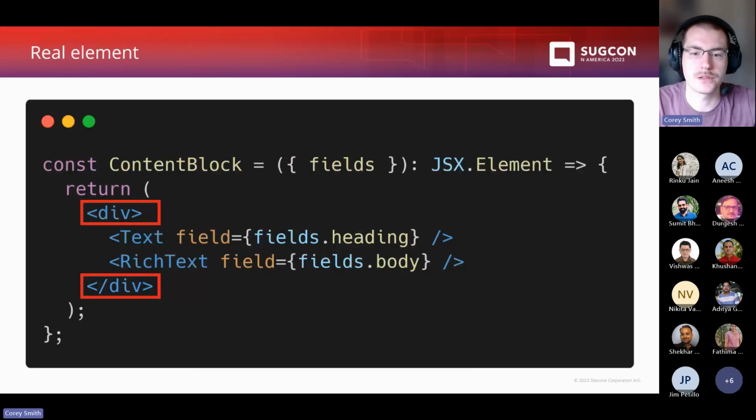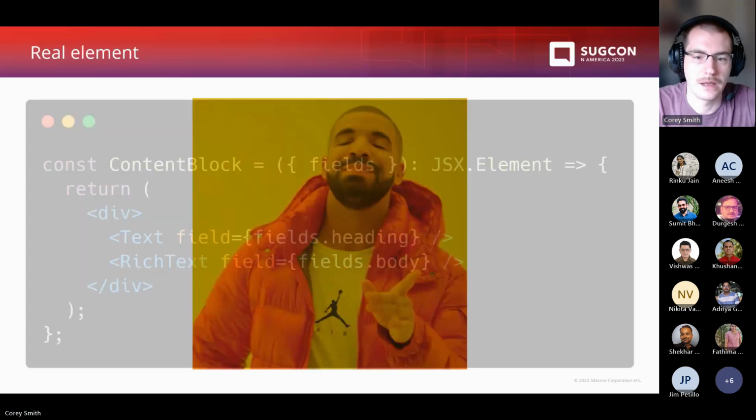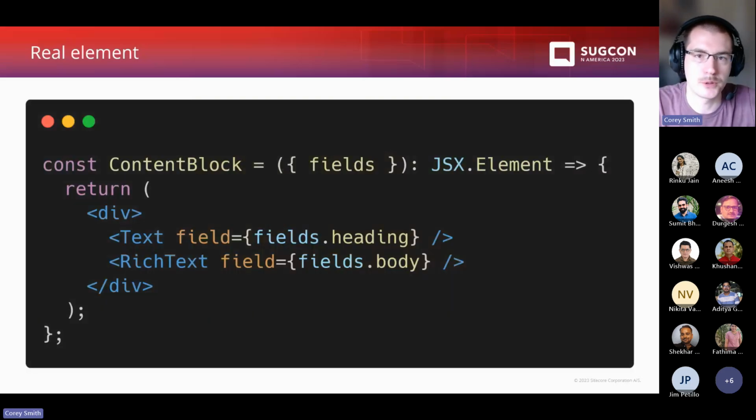Instead, ensure that your components always have a real root element, such as a div or a span. And if you do this, you and your content authors will be so happy. I think that this might be a good opportunity for an ESLint or a Prettier plugin for the community to develop, because it seems like this is something that should be easy to pick up with static analysis.